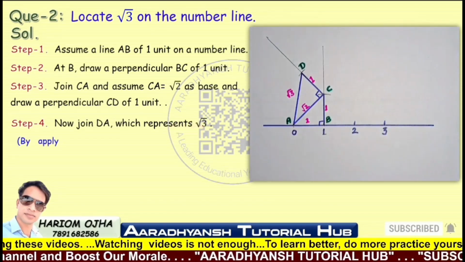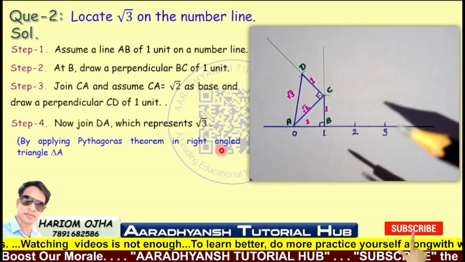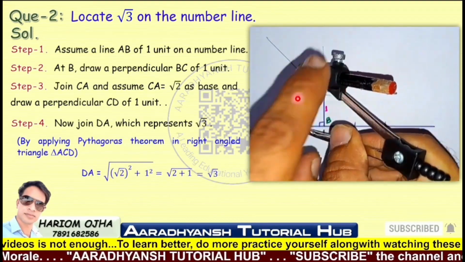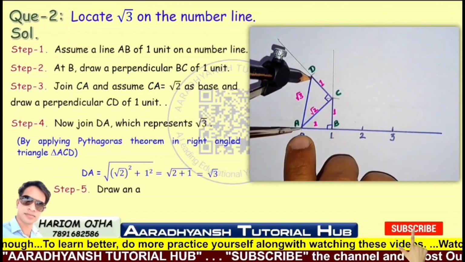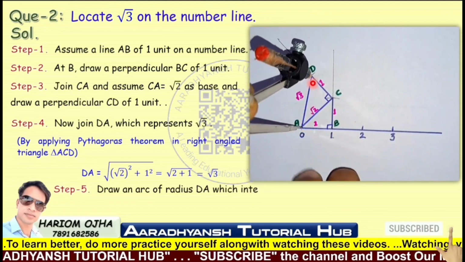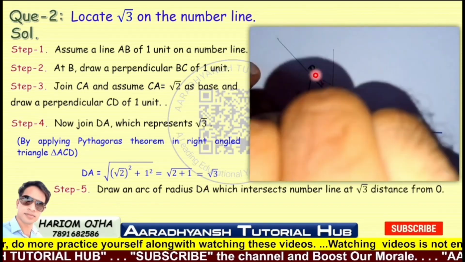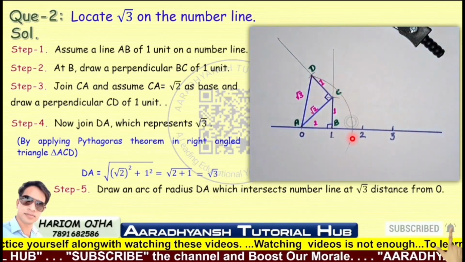You know why it represents square root of 3? According to Pythagoras theorem, in right angle triangle ACD, we are talking about this right angle triangle, and then take an arc of AD. Here we will take an arc of AD, and we just cut this arc on the number line like this.